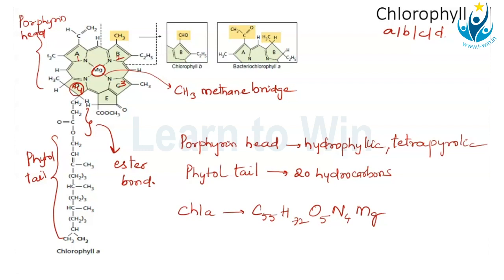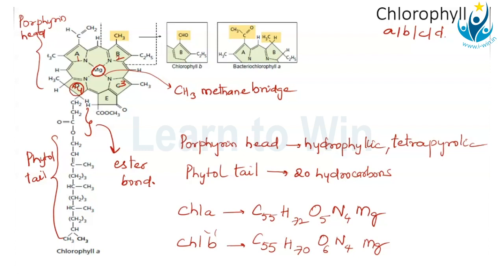All photosynthetic organisms, whether they are prokaryotes, eukaryotes, lower plants, higher plants, all of them will have chlorophyll A in them. Now the next one is chlorophyll B. Chlorophyll B's empirical formula is C55H70O6N4Mg.